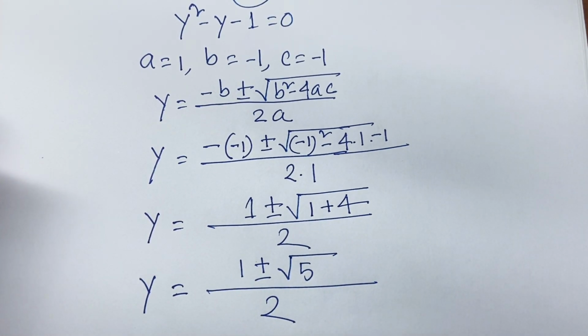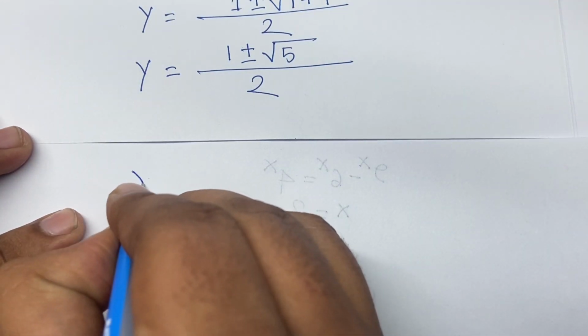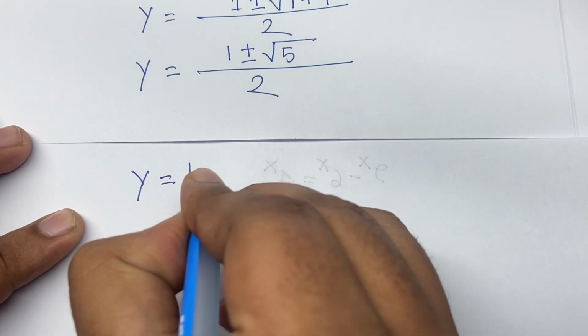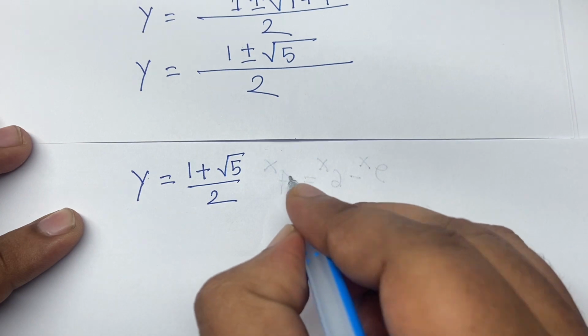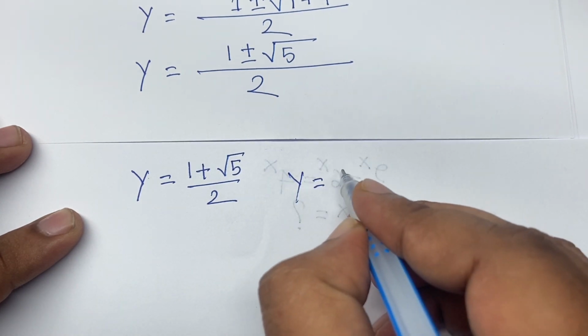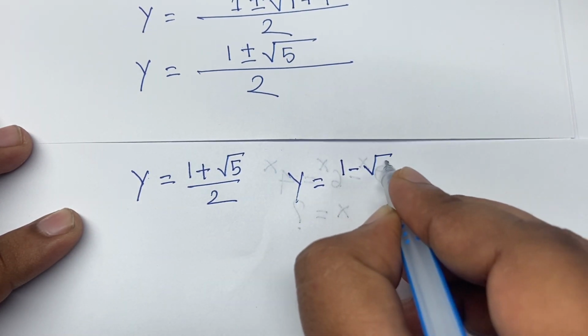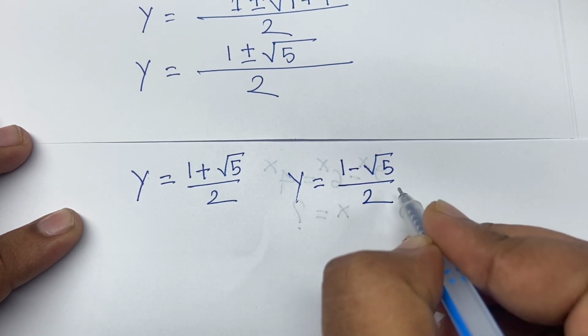Now we will find the value of y: y is equal to (1 plus square root 5) over 2, and in the other case y is equal to (1 minus square root 5) over 2.